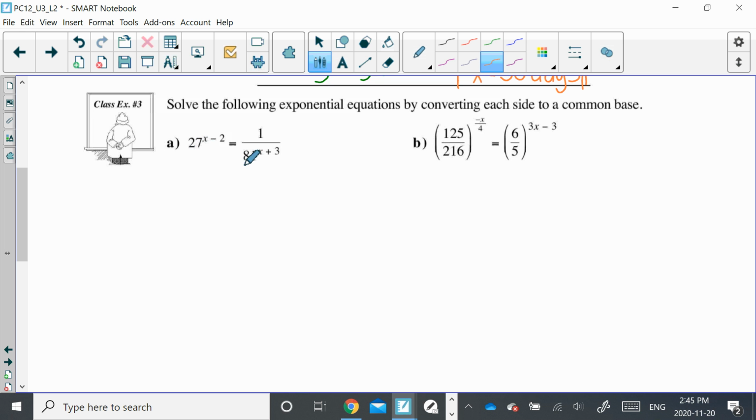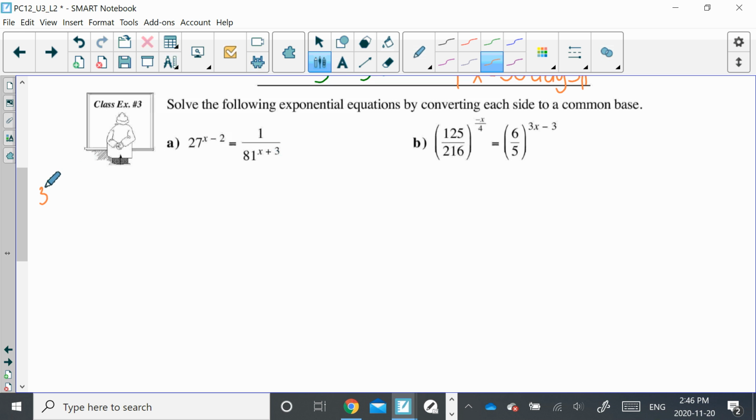So 27 and 81: students will try to default to the smallest base, but 27 squared is going to be a number way bigger than 81. So you have to think of a number smaller than 27 and 81 that would give you these answers. It's going to be base 3. You just have to recognize that these can both go down to base 3.